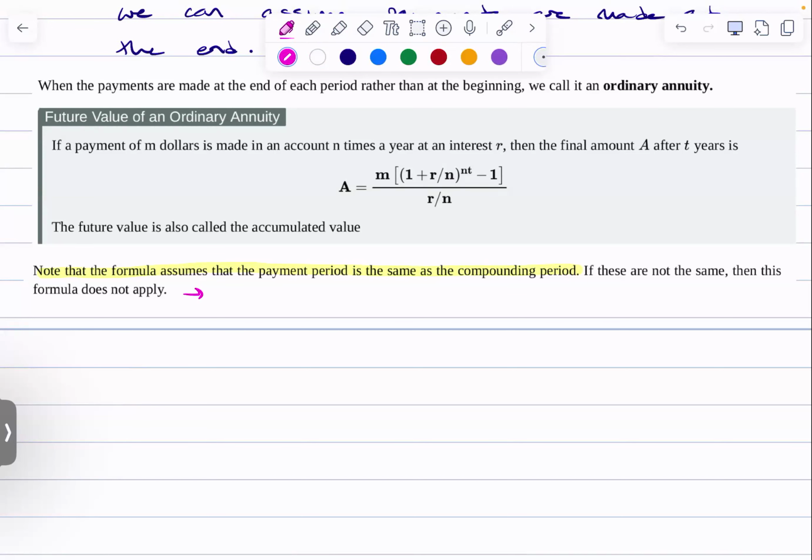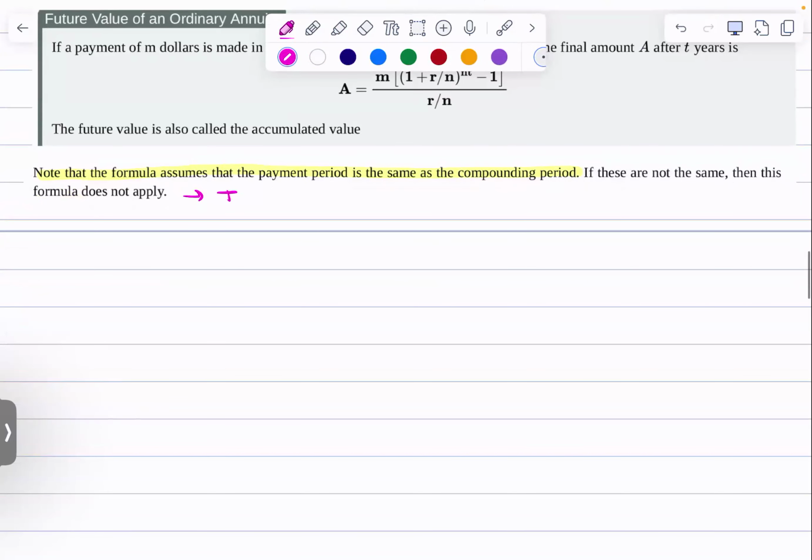And so here in this course, they will be the same. We're still going to keep an eye out for that, right? The frequency that I make my payments at has to match my compounding frequency, right?